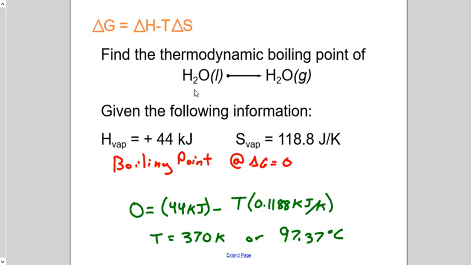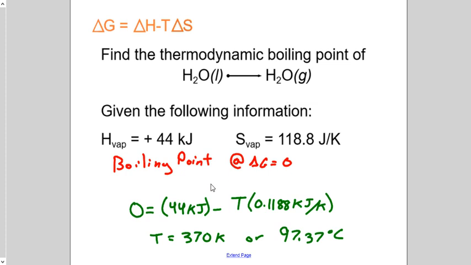So here's this problem right here. We have water that is boiling. So if we're trying to get this water to boil, well, water is going to boil when delta G equals 0, because that's when there's going to be an equilibrium between these two.